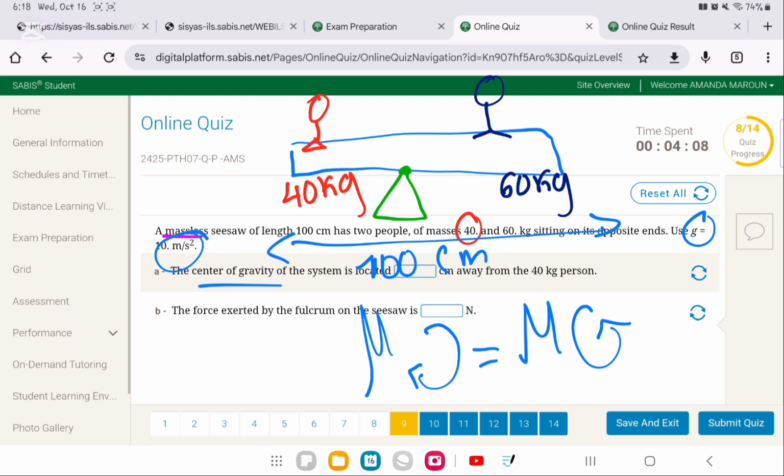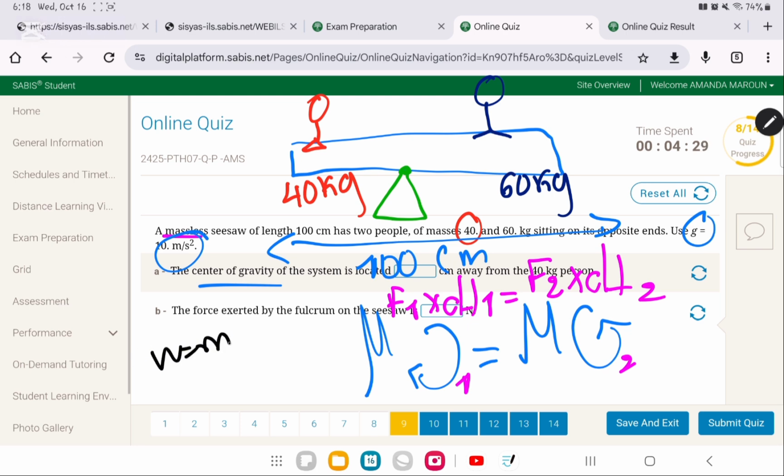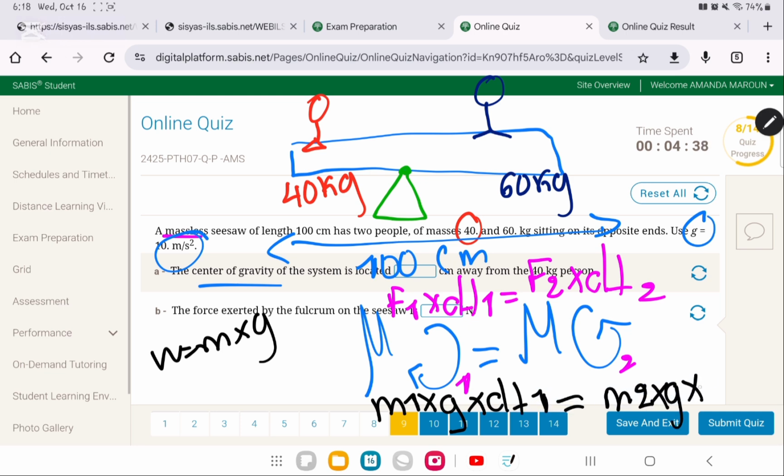Okay? So, again, we'll label this one, label this two. This is force 1 multiplied by perpendicular distance 1 is equal to force 2 multiplied by perpendicular distance 2. Here the force we're talking about is the mass, so weight W is equal to M times G. So mass 1 multiplied by G times the perpendicular distance 1 is equal to mass 2 multiplied by G multiplied by the perpendicular distance 2.